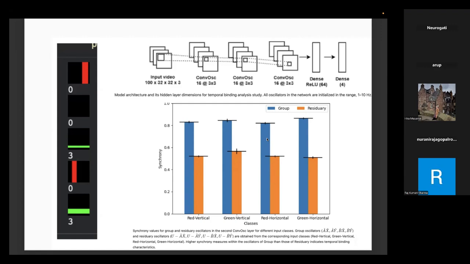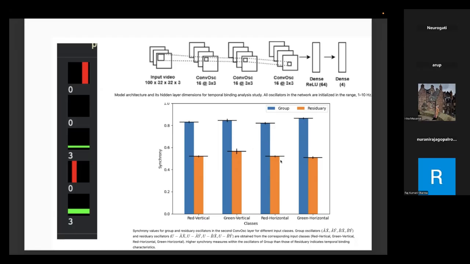Maybe it is red in color, maybe it is green in color, maybe it is the direction in which they're moving. There are two different features: one is whether they're moving horizontally or vertically, and the other is whether the color is red or green. So there will be neurons that encode for each of these.